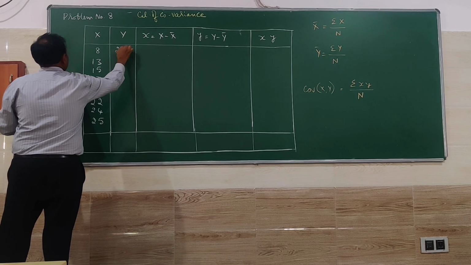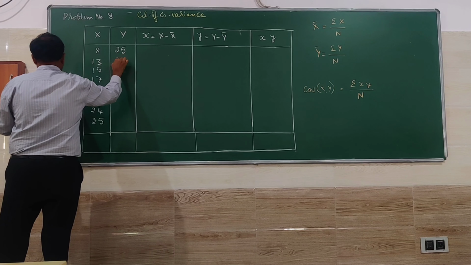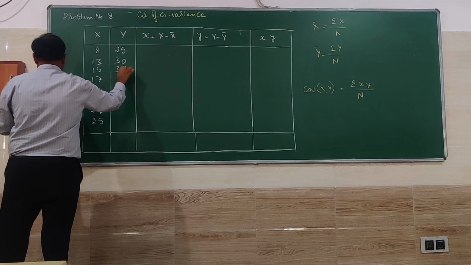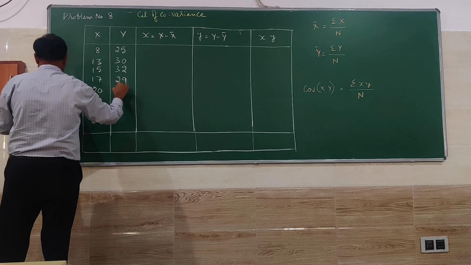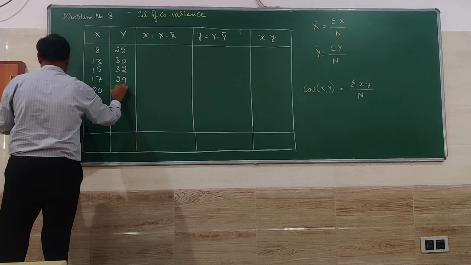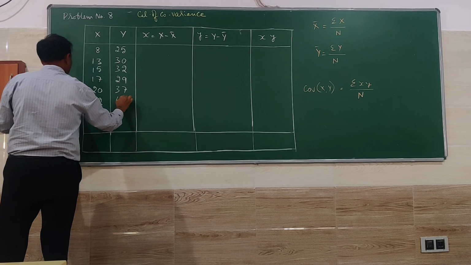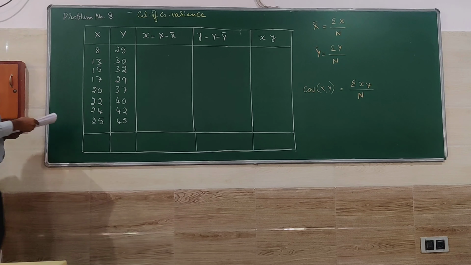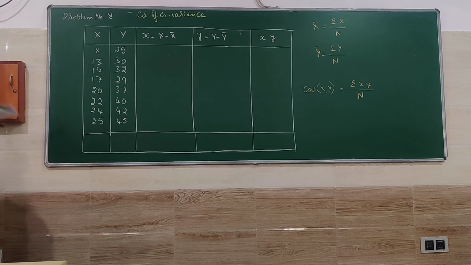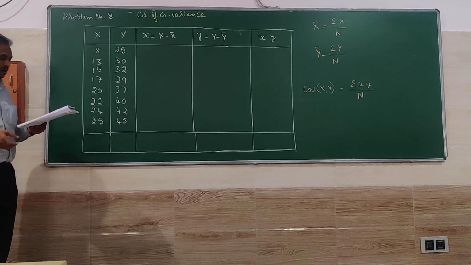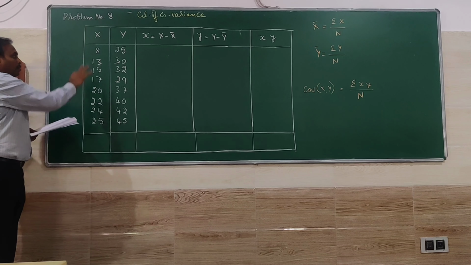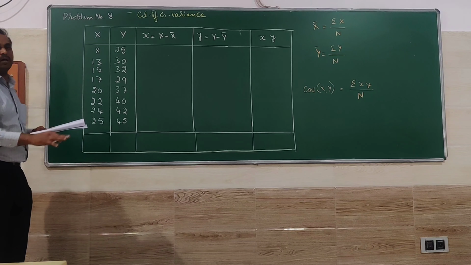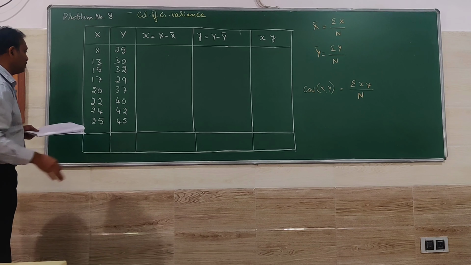For the y values: 25, 30, 32, 29, 37, 40, 42, 45. So these are the two variables' values that have been given. This is the problem. So from here we have to work and go for covariance.